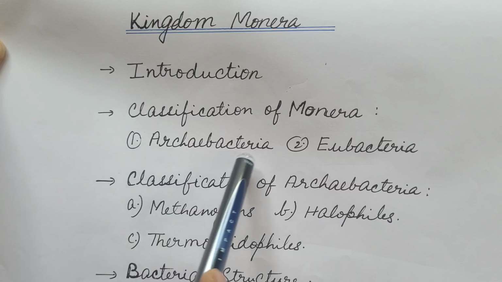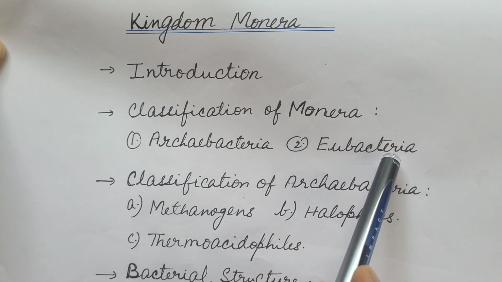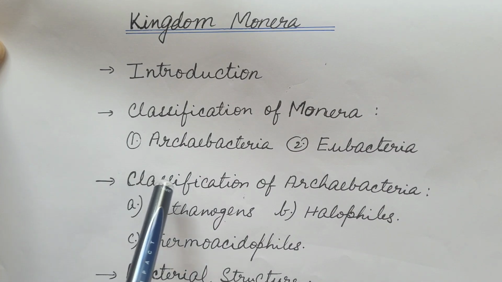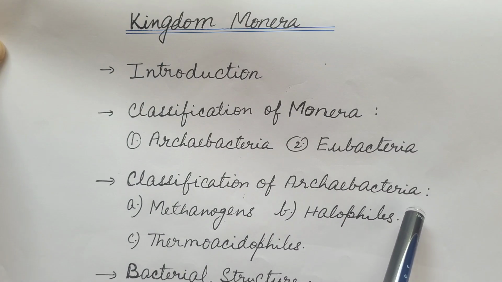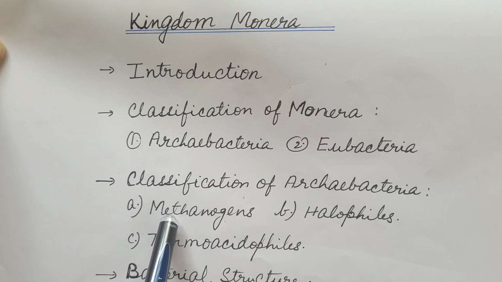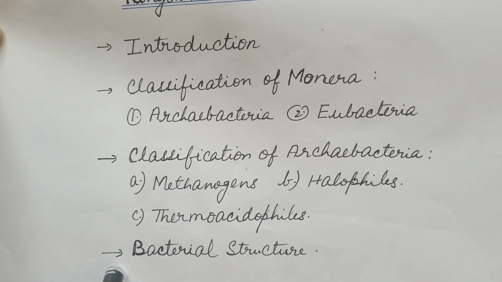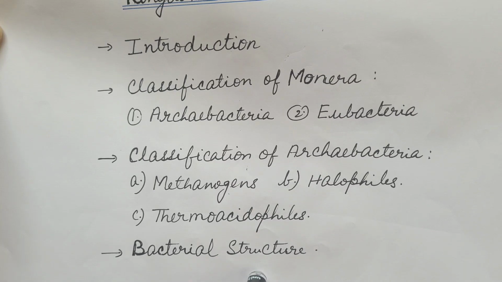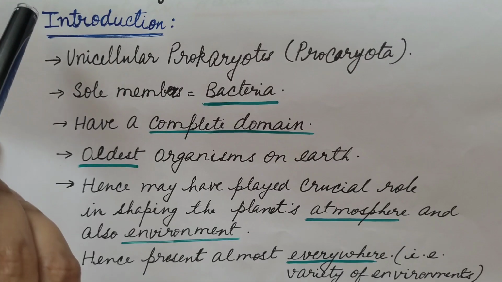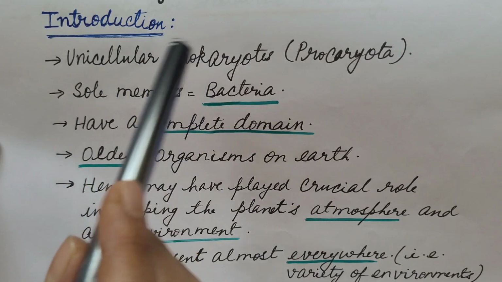We will discuss the characteristics of Archaebacteria and Eubacteria. Then we will discuss the classification of Archaebacteria into 3 groups, that is Methanogens, Halophiles and Thermoacidophiles. Then we will see the bacterial cell structure of Eubacteria, that is true bacteria, in detail. So stay tuned. Let us start with the introduction of Kingdom Monera.